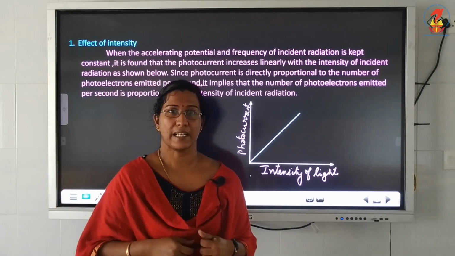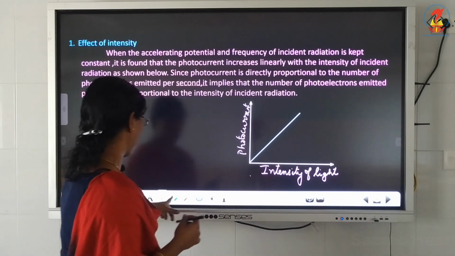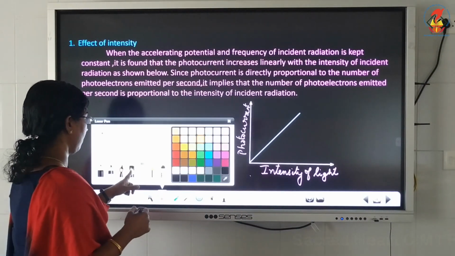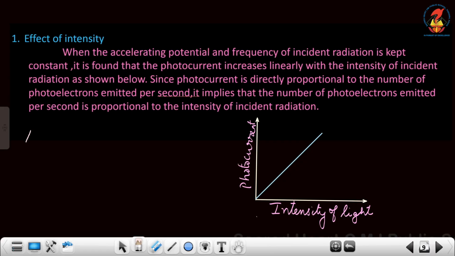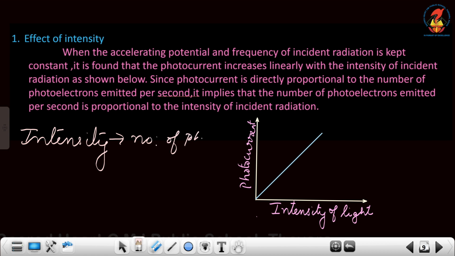Now when I say intensity, according to the particle nature of light it is the number of photons passing through an area in unit time, or the number of photons hitting a unit area in unit time.